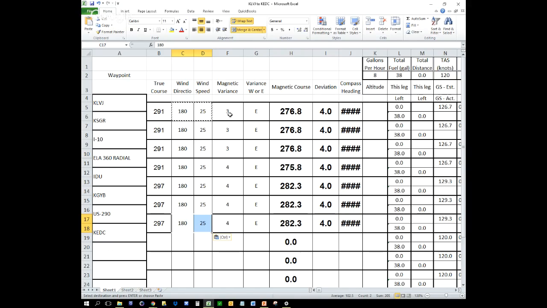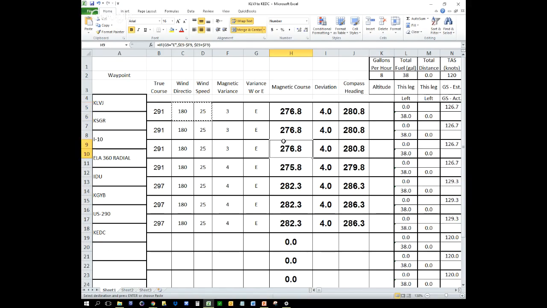And I've got my magnetic variance 3, 3, 3, 4, 4, 4, because remember it changes to 4 once we get closer to Austin, and it's all east. And this particular tool, which I just got off a website somewhere, automatically does my magnetic course. So it's automatically doing the variation calculation.